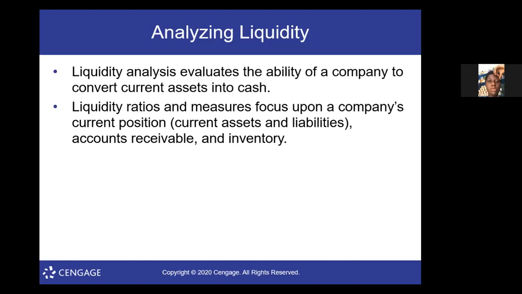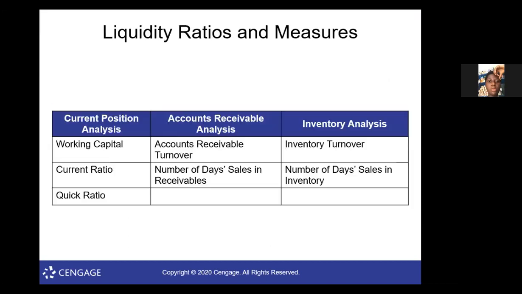So liquidity analysis and liquidity ratios and measures focus upon a company's current position. So we look at current assets and current liabilities, accounts receivable, inventory, and maybe some other current assets. Today we're only going to look at the left-hand side under current position analysis. We're just going to quickly review working capital, current ratio, and quick ratio.